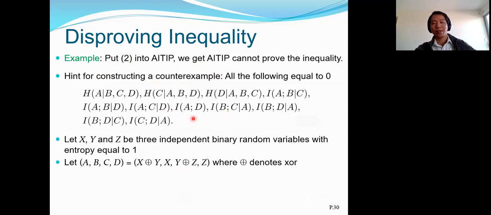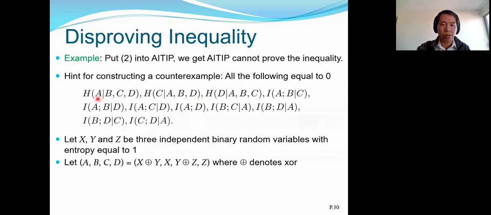Of course, it is more difficult for us to see the counterexample from this hint, and we leave it as an open problem how to write a computer program which can automatically convert all these hints into a valid counterexample. However, I can share with you some experience about how to use the hints here. Just like the hint here, we first look at the conditional entropy.